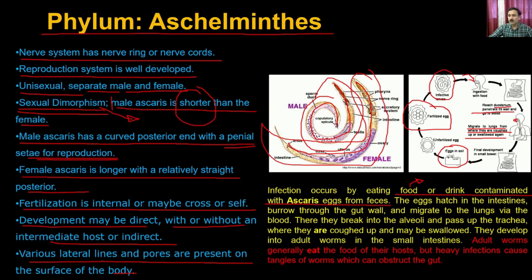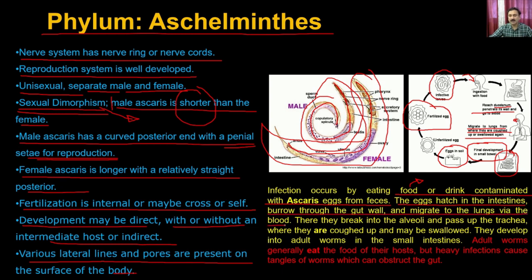Once they get swallowed the next time, by then the Ascaris is fully developed, and now it will reach the intestine, and it is going to get stuck to the intestine, and it will start replicating. The eggs hatched in the intestine burrow through the gut wall and migrate to the lungs via the blood.